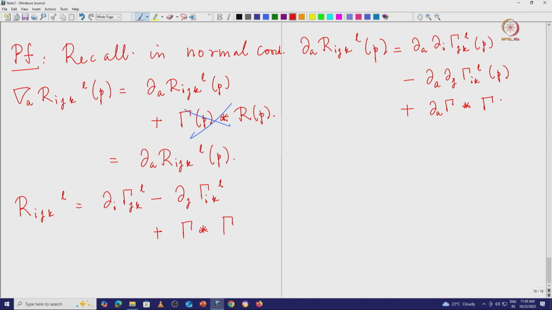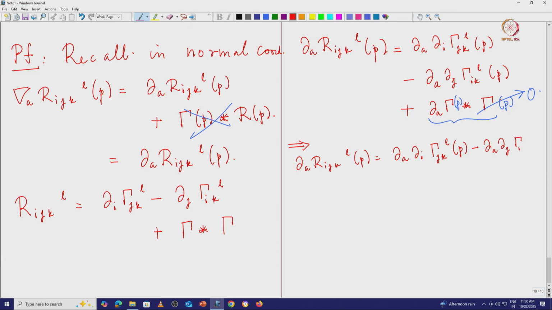Schematically this is not an exact formula, but it will be of this form. Now if you plug in P, then this guy is 0, so this implies that at P you have the following simplified formula, that del_A R_{ijkL} at P is given by del_A del_I of the Christoffel symbols minus del_A del_J of the Christoffel symbols.